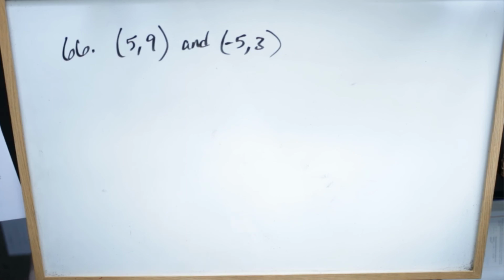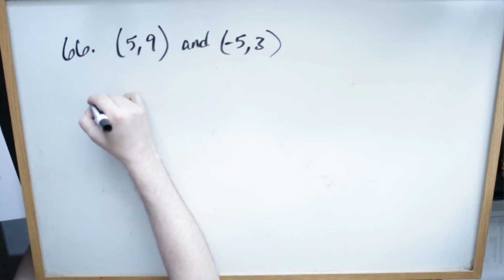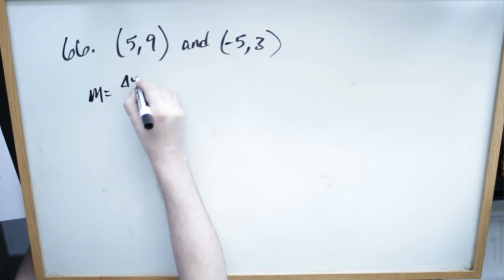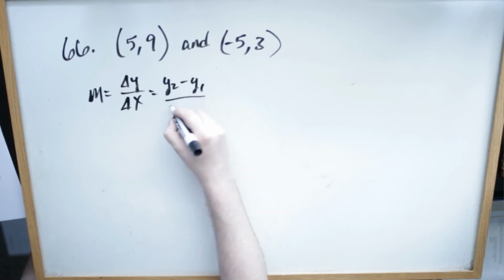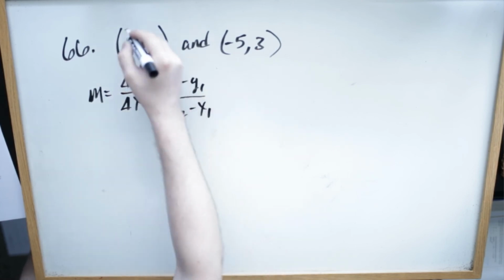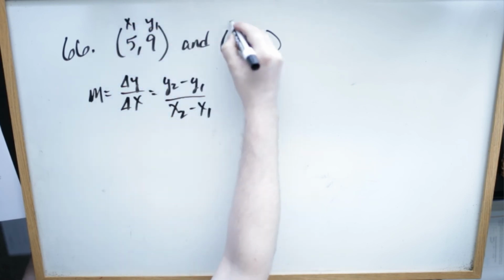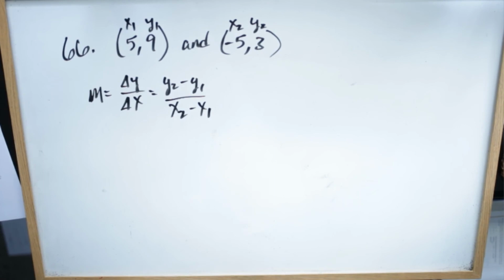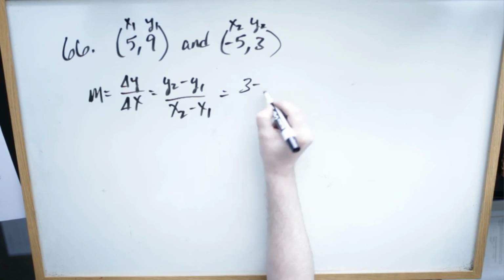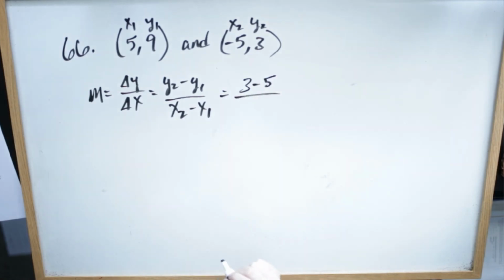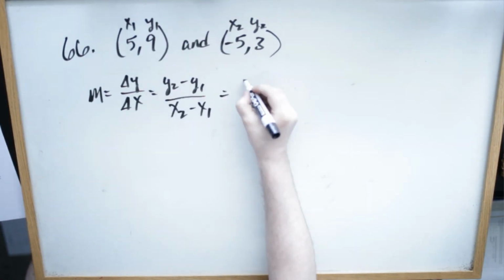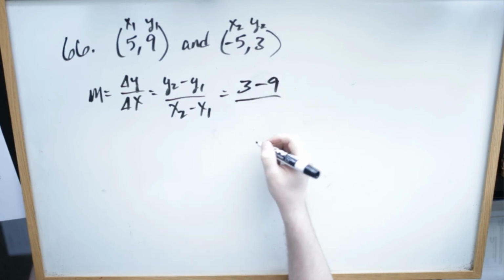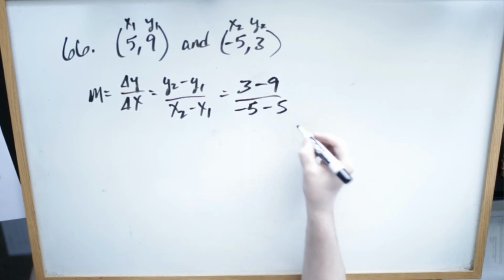So first we need our slope between the 2 points. So we start with our m. Remember, it's our change in y over our change in x. So this is y2 minus y1 all over x2 minus x1. Let's go ahead and label these x1, y1, x2, y2. And now we can just make our substitutions. So we've got 3 minus 9 all over minus 5 minus 5.